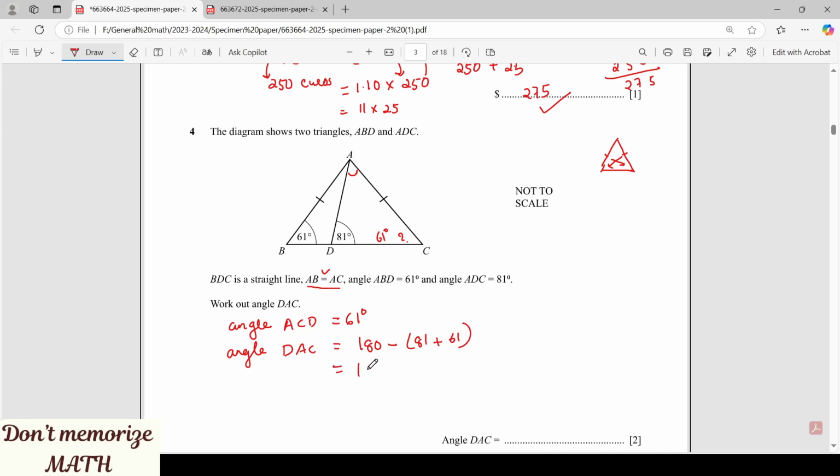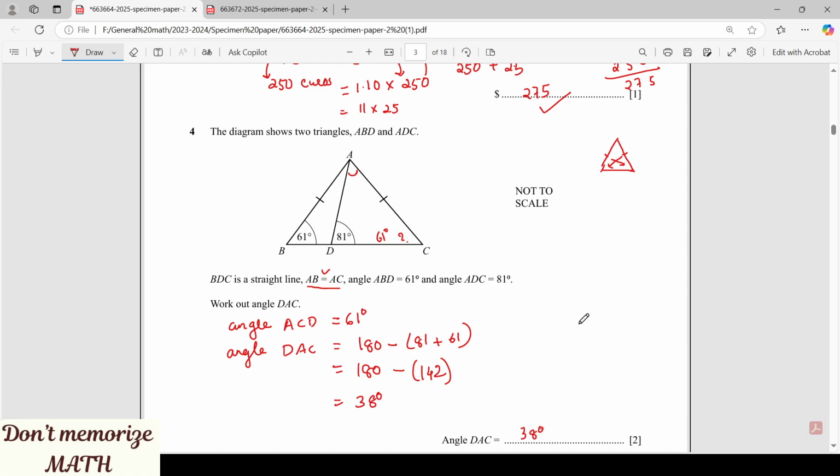Okay, so 81 plus 61: 1 plus 1 is 2, 8 plus 6 is 14, so 142. So the answer will become 180 minus 142, which is 38 degree. So the angle DAC is 38 degree.